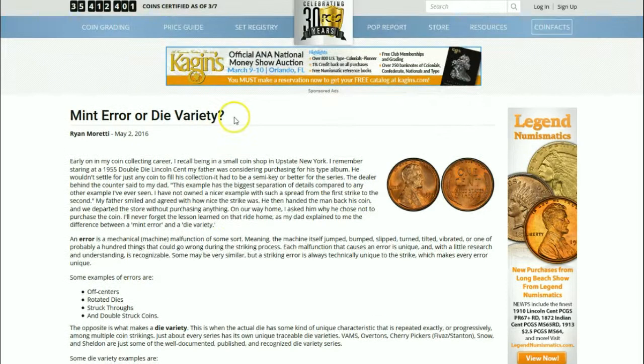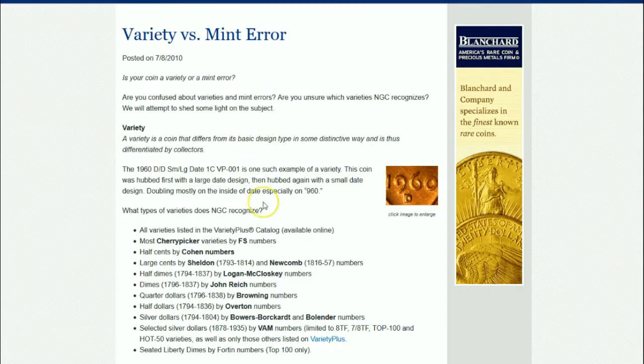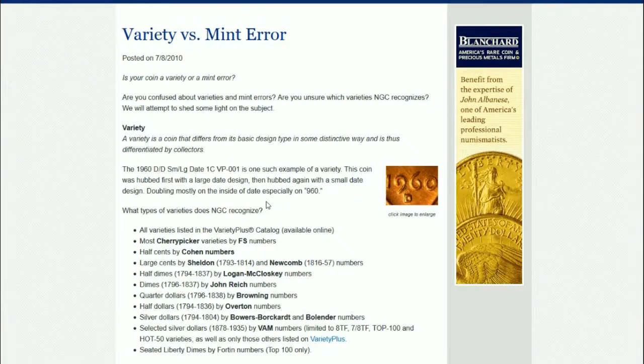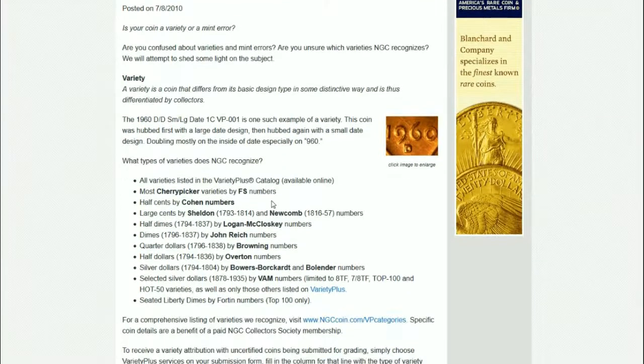This article here talks about it from PCGS, and this one is NGC, which talks about different kinds of varieties and the different types. A variety is a coin that differs from its basic design type in some distinctive way and is thus differentiated by collectors.